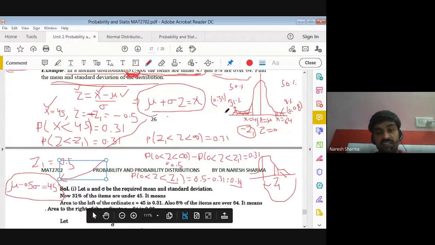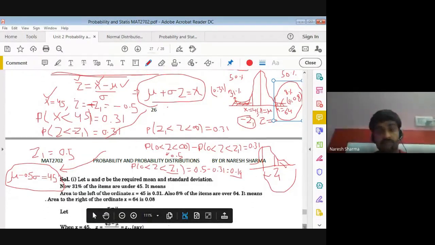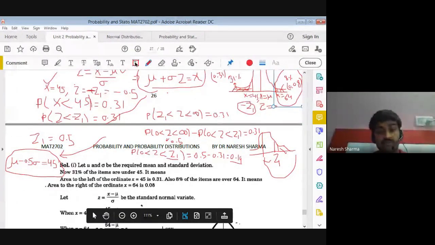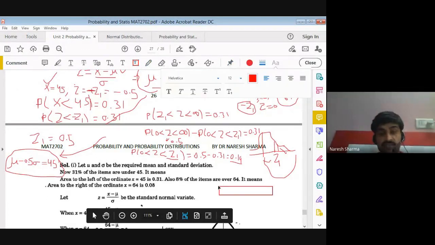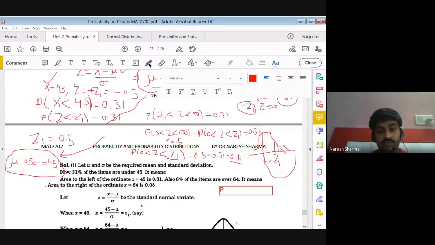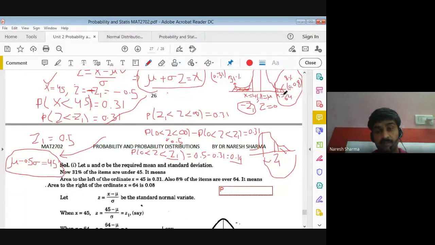So we have one more region, that right side. This region says again that the probability is 8% when x is greater than 64.